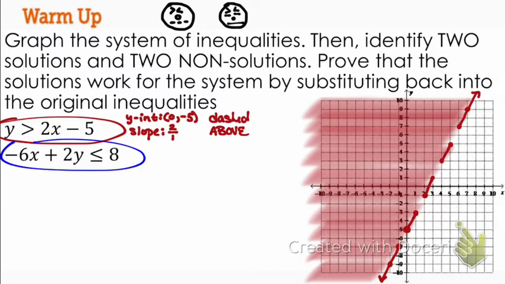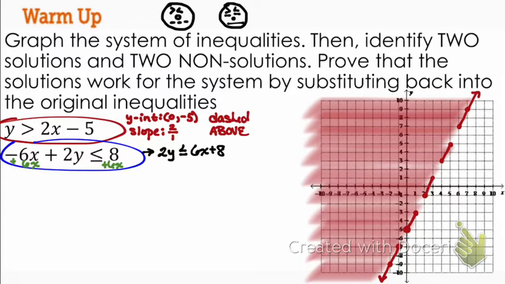We're going to add 6x to both sides. The first thing I want to do is get x to the opposite side. So I'm going to bring that over here. So I'm going to have 2y is less than or equal to 6x plus 8.